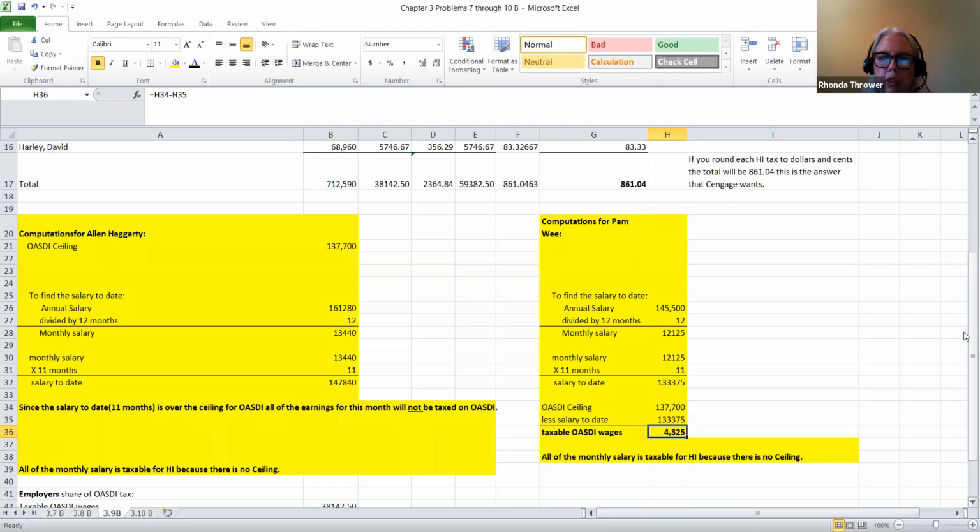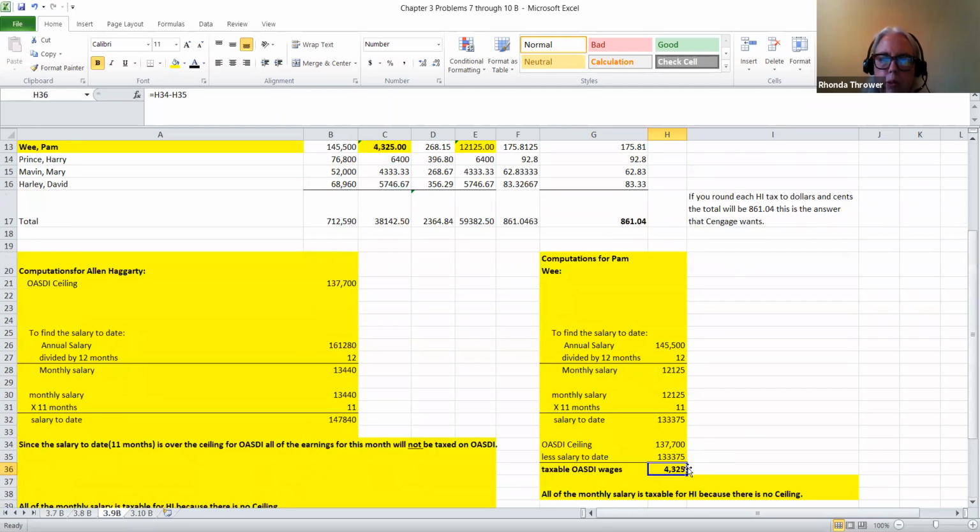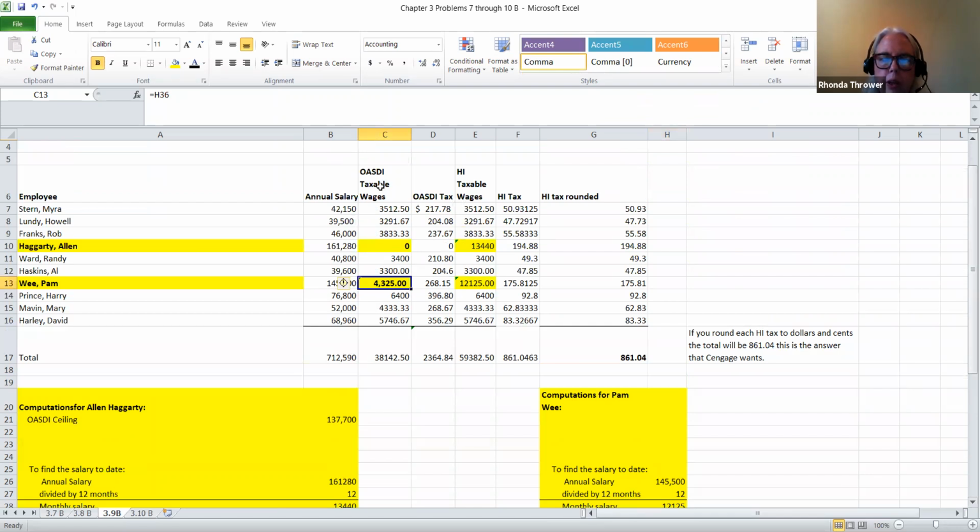So in taxable wages for OASDI, 4,325 is what we record up here as our OASDI taxable wages for this period. We would multiply 4,325 times 6.2%, and that's how you get $268.15.